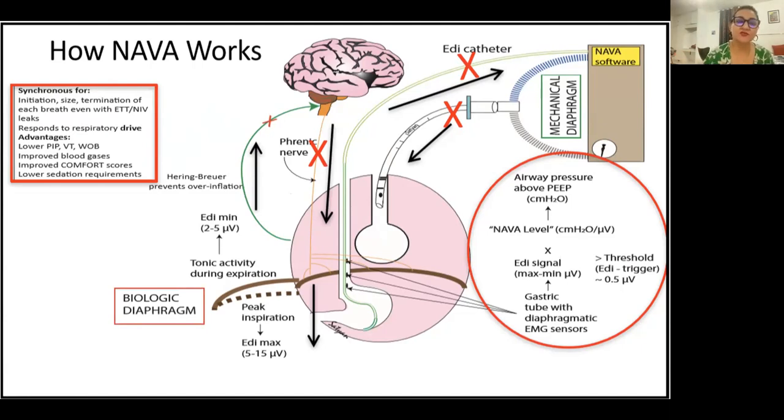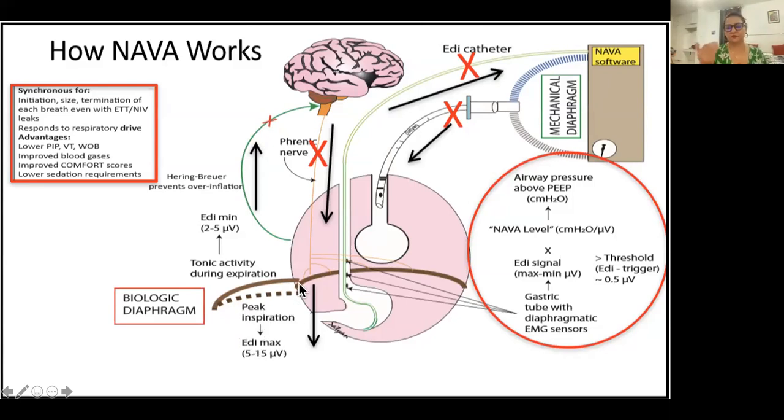So the advantage is that you have lower pressures given, you have a lower tidal volume, the work of breathing is lower, and you have better blood gases with these lower pressure and tidal volume. Comfort score is much better, and you don't need much sedation. So this is how it works. We will talk more about this in the next few slides.